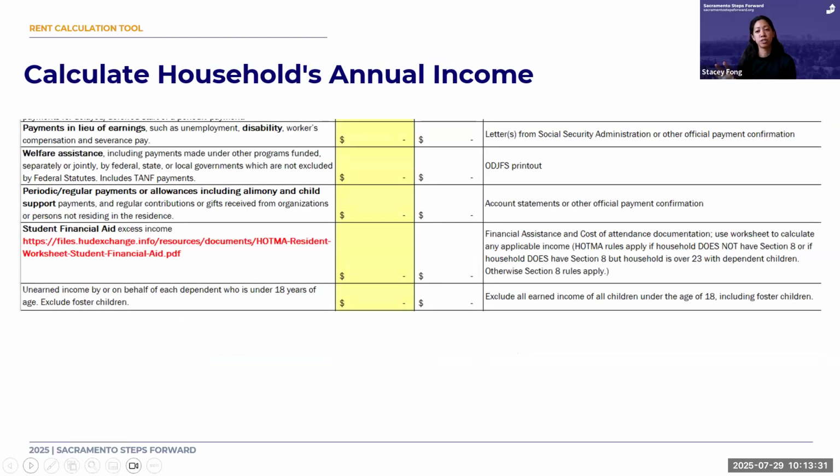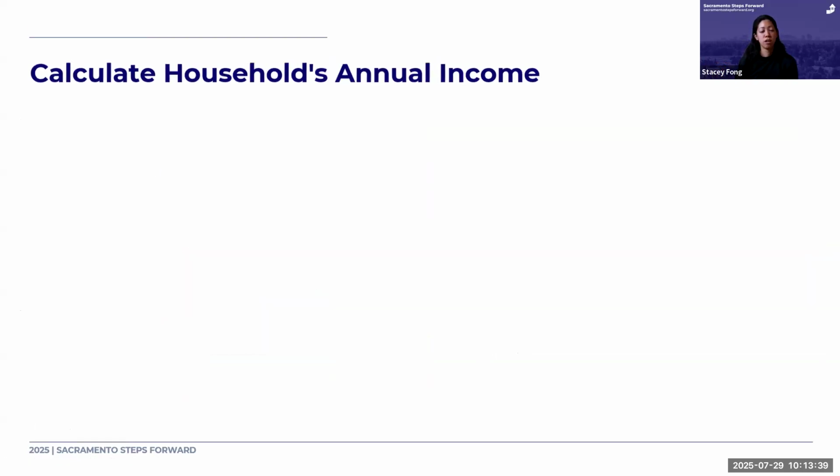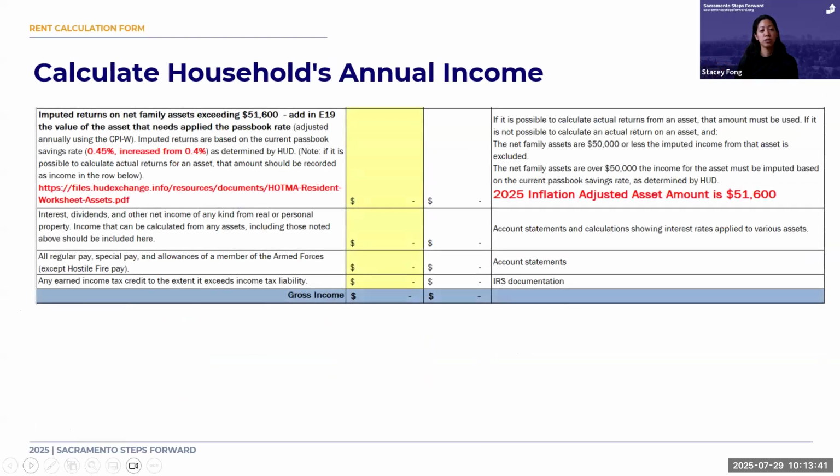So after you input your monthly amounts, you'll get the summed annual amount. Next slide. And then, again, we have some resources linked here. We'll be covering assets in our next upcoming training. Next slide, please.